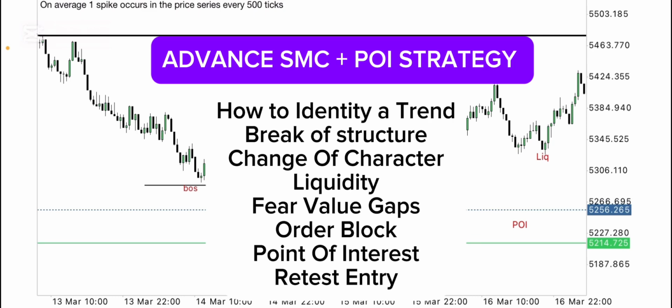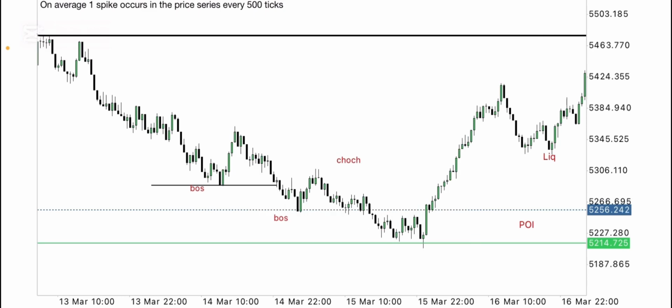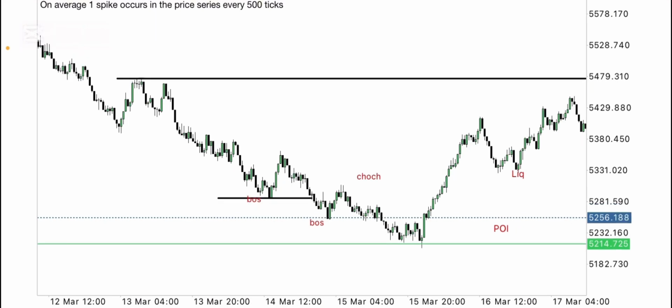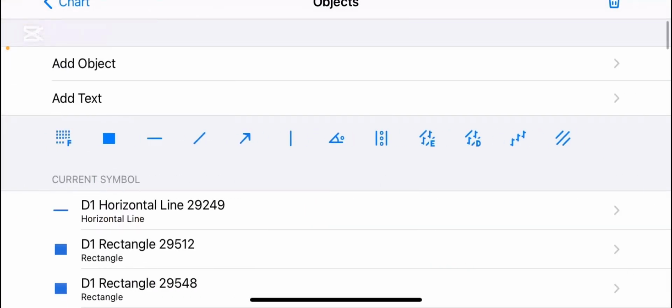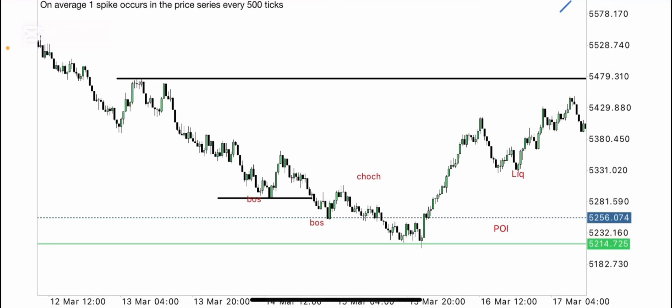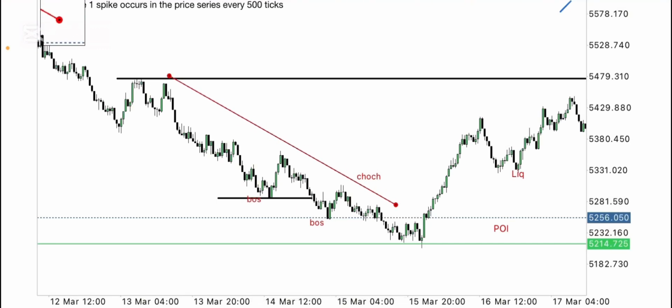So let's dive in. On my screen right now, firstly, before identifying anything, you have to know your trend. Here we are on a bearish trend.